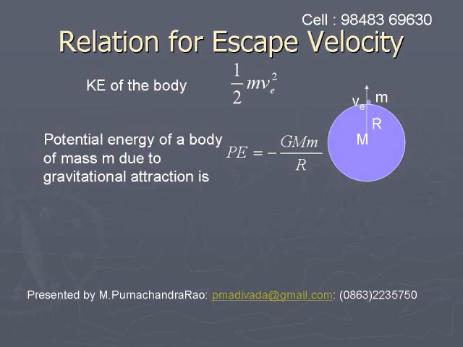Since the body is bound to the earth by gravitational potential energy, the potential energy of a body of mass m due to gravitational attraction is P is equal to minus GMm by R. By considering the magnitude, we get P is equal to GMm by R.